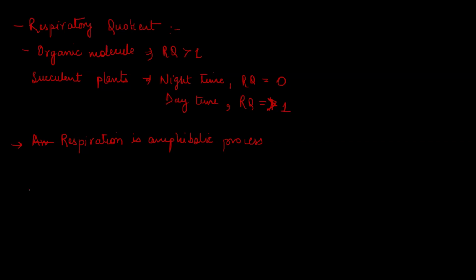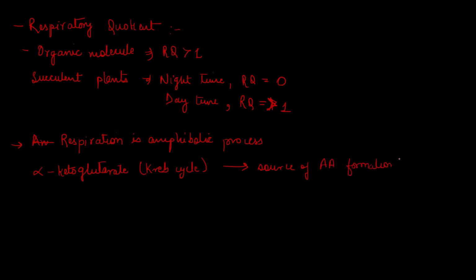For example, in the Krebs cycle, we had alpha ketoglutarate, right? This alpha ketoglutarate is a source of amino acid formation.